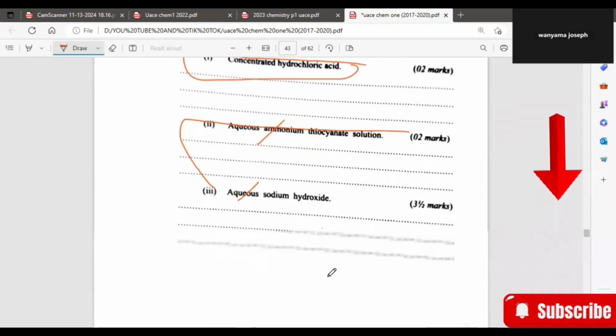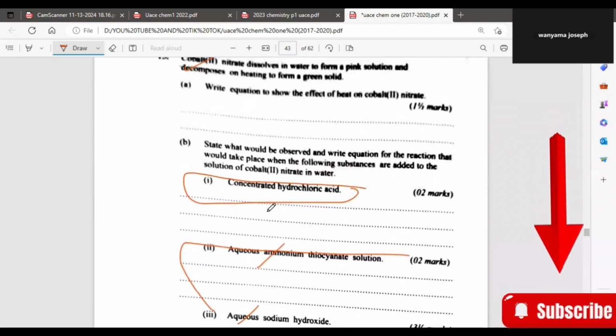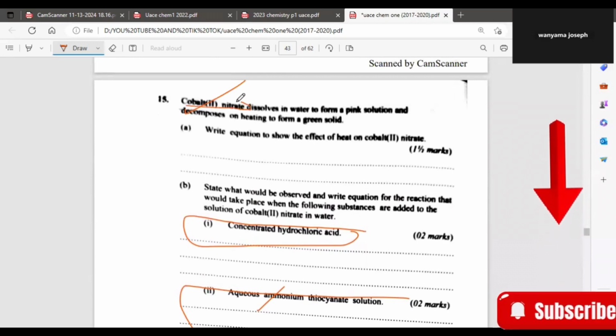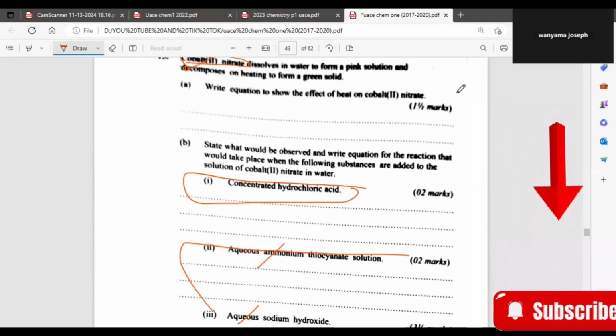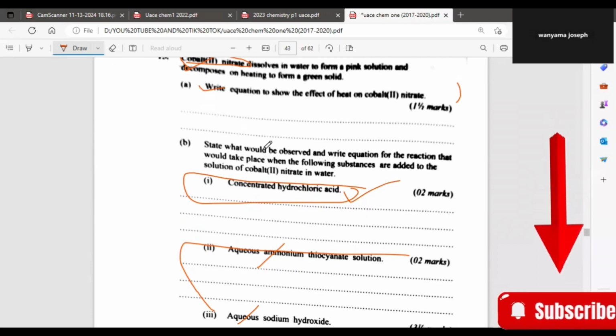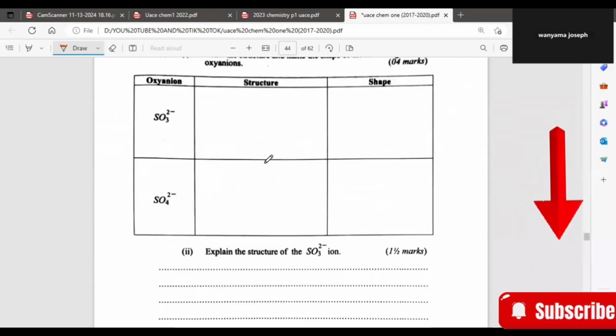So you see that for a student who is good in those areas we mentioned, if you can't read the whole of cobalt chemistry, then make sure you have read its qualitative analysis and the introductory part to transition elements, consisting of ligand exchange reactions with concentrated hydrochloric acid. Of course, there are a few reactions in cobalt.